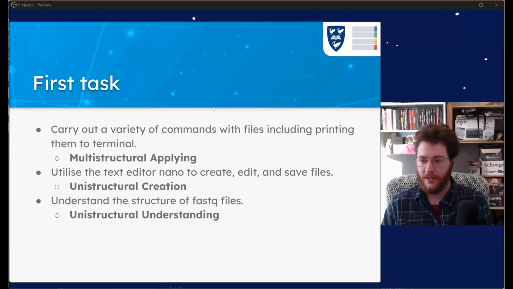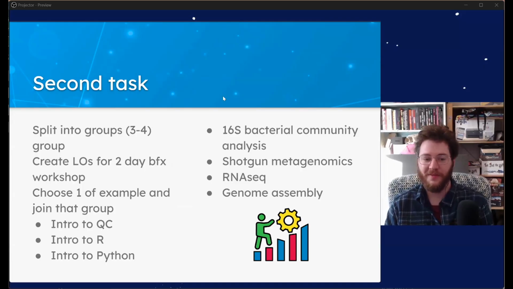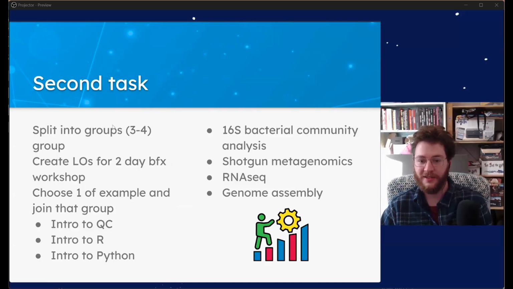Okay, grand. So let's go on to the second task. This is definitely a harder one. I'm not expecting you to make all the learning outcomes, so let's have a look. We're going to split you into 3 groups again, and you're going to create learning outcomes for 2-day bioinformatics workshops. Hopefully everyone will have at least 1 or 2 bioinformaticians in each group, who will have an idea.